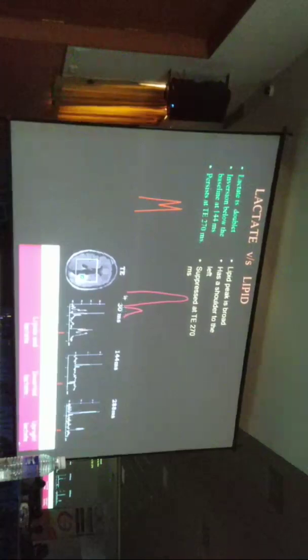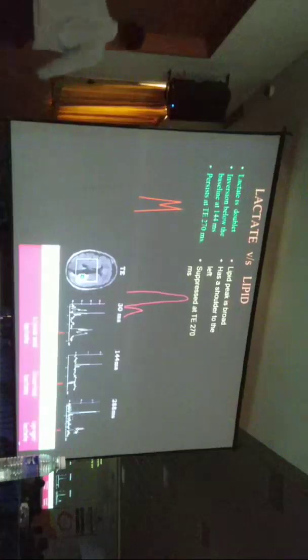MR spectroscopy based on the TE. We do short TE imaging, intermediate TE and a long TE. So you should remember that. If you are doing short TE, both lipid and lactate will be an upstroke, so it will go above. And if you see an inverted peak at 1.44 on intermediate TE, then it is lactate.